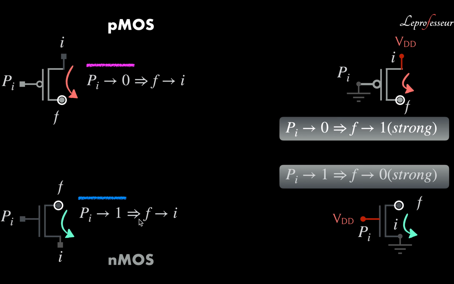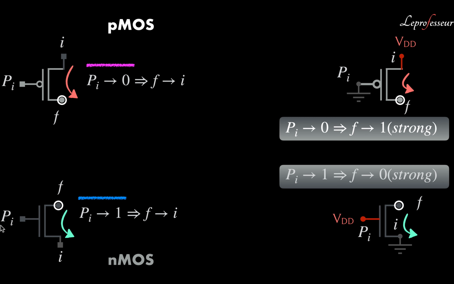So when PI is 1, the output F will tend to take the voltage level of the other terminal, which we are representing with I. For the PMOS, when the control is at logic 0, it is conducting, and for NMOS, when the control PI is at logic 1, the NMOS is conducting.